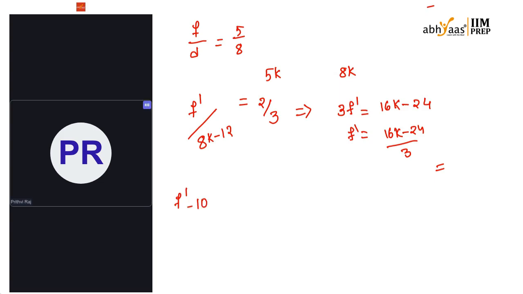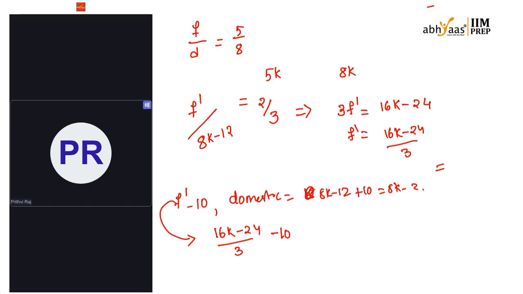10 foreign workers are replaced, and they were replaced with domestic ones. So domestic is 8K minus 12 plus 10, that is 8K minus 2. And foreign is (16K minus 24) by 3 minus 10.